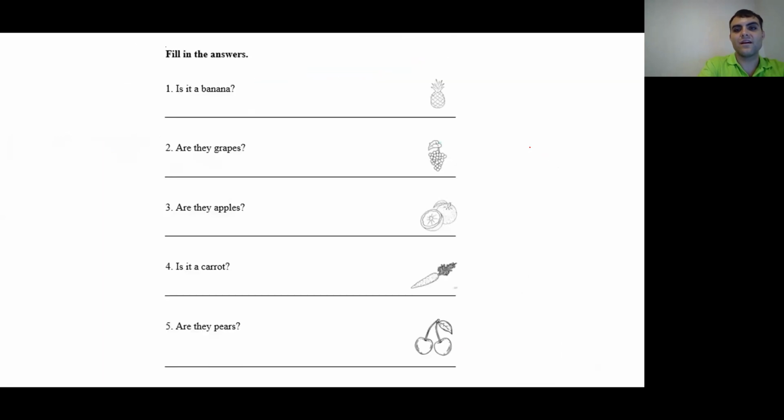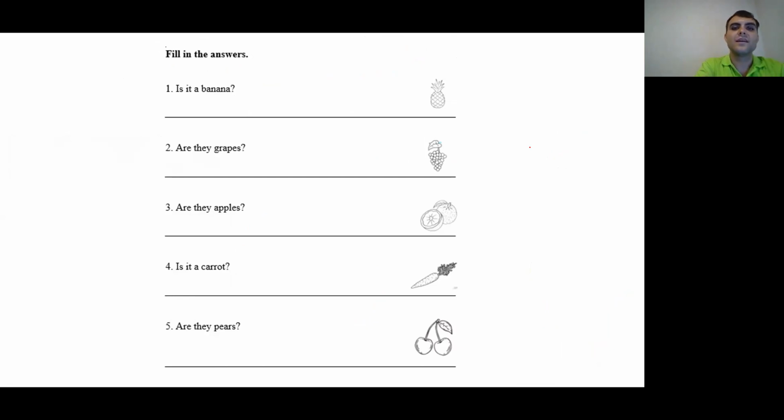All right, could you get out your worksheet that you should have printed out for this class? This is the Unit 3 review worksheet. So for the first page, you got 5 questions here where you have to fill in the answer with either yes, it is, or no, it isn't.